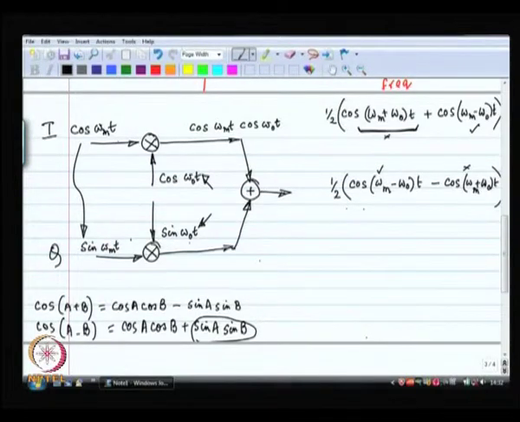Well, problem number 1 is not very difficult to solve. You have to understand that these messages are no longer audio signals. These are some form of digital signal. It is actually coming from a D to A converter.